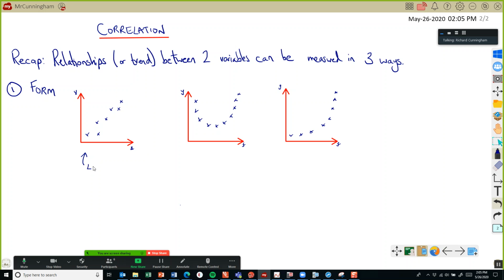It begins with L, I, N. Okay, so this one was linear form, and it looks like a straight line. Whereas these other two that I've drawn, do they look like straight lines? No, they don't. They look more like curves. So these ones are non-linear.